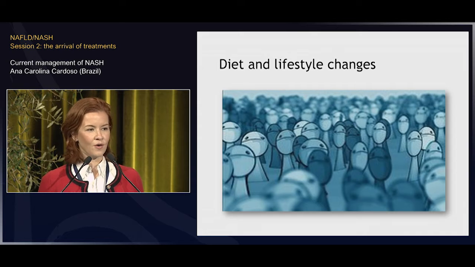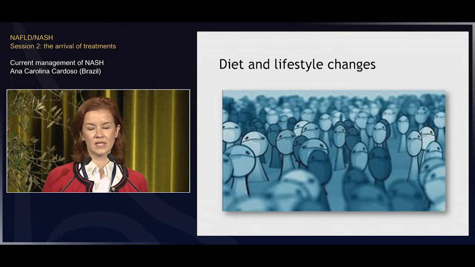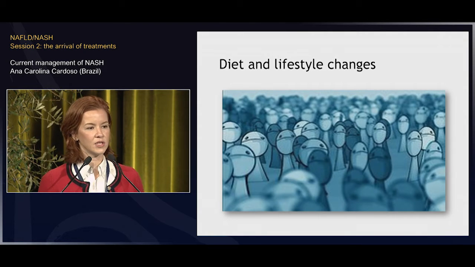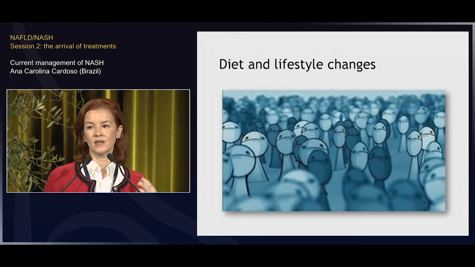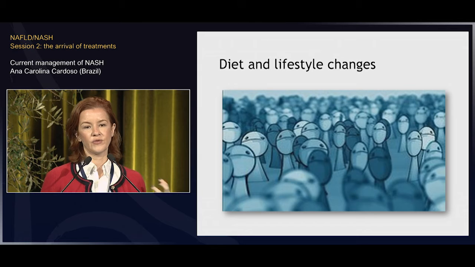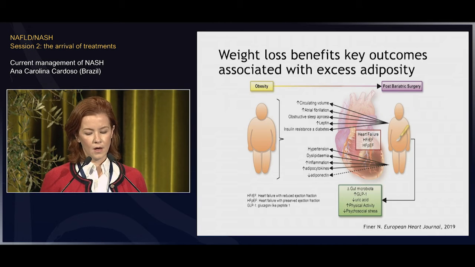It's not easy, all of us know that, all of us see this kind of patient in our consultation. We have to propose to someone that's most of the time obese or overweight to start to do exercise and to do a diet. It's really complicated, but it's the first thing, it's for everybody, and it's the most important thing.